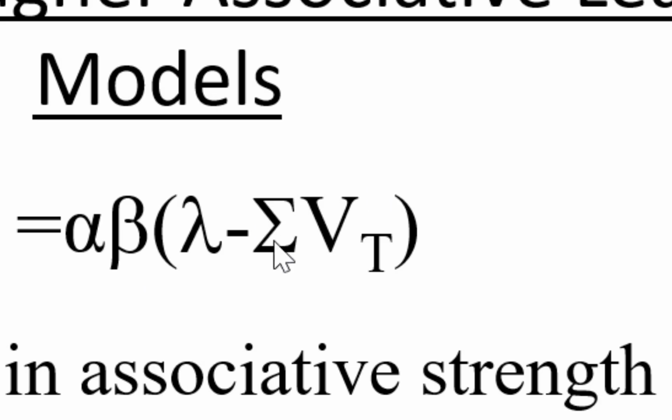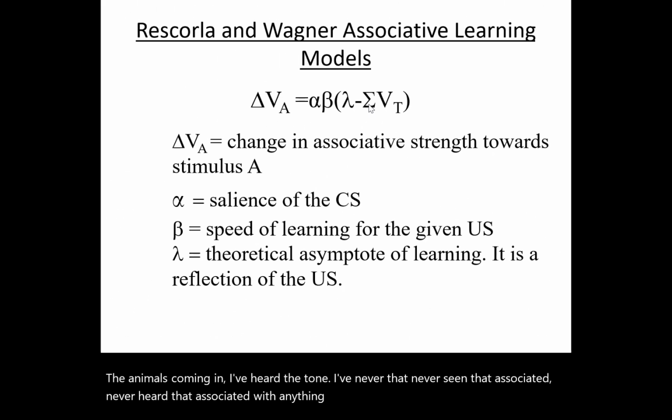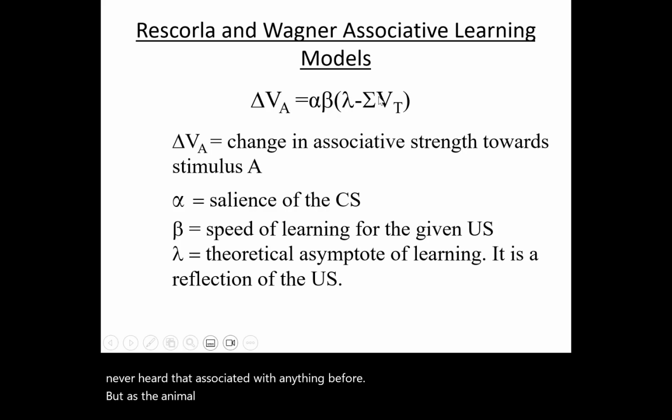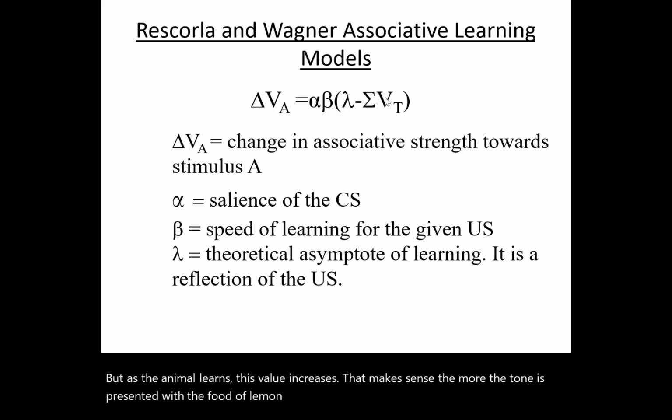The animal's coming in. It's never heard that tone associated with anything before. But as the animal learns, this value increases. That makes sense. The more the tone is presented with the food or the lemon juice or whatever, the more that happens, the stronger the association.